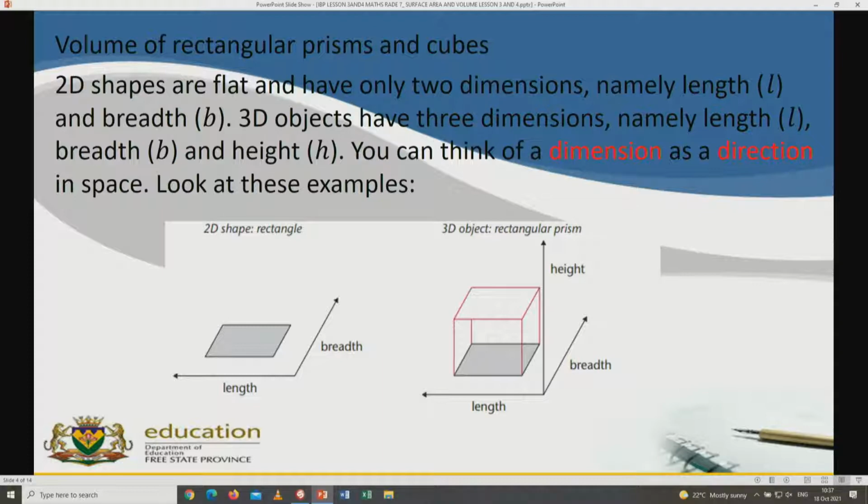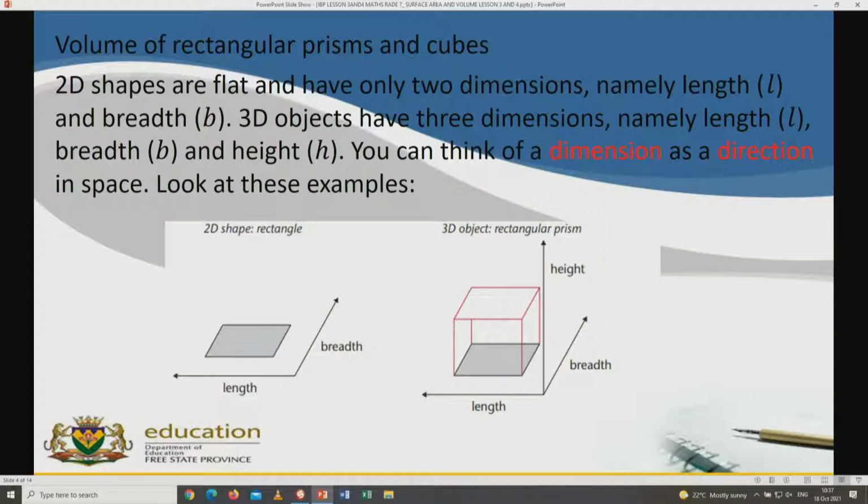But now, taking that to a rectangular prism, which is a 3D object, it has 3 dimensions. That will be the length and the breadth, and also the what? The height. Now you can see that for us to have our 3D object, we still need the 2D shapes.